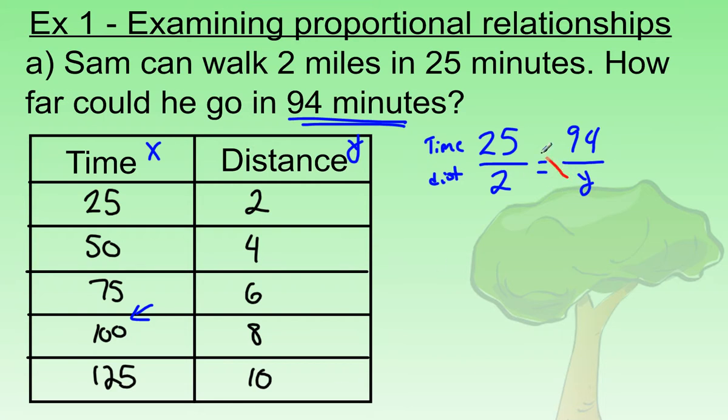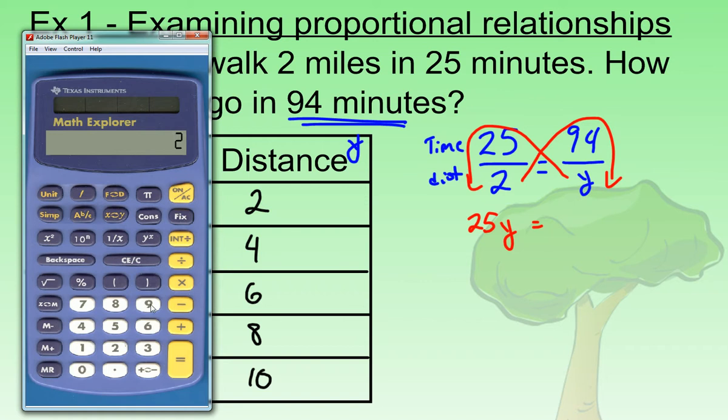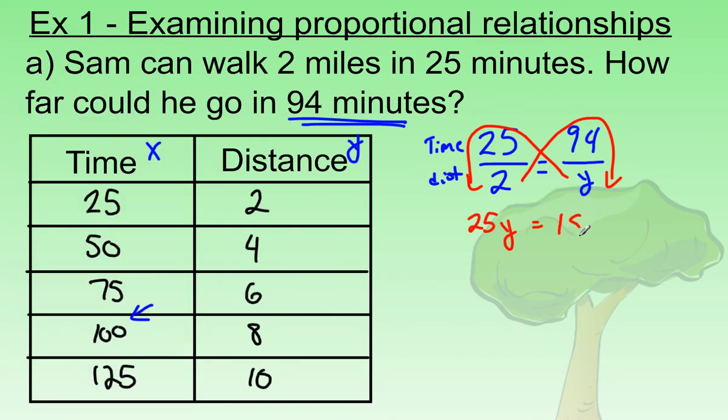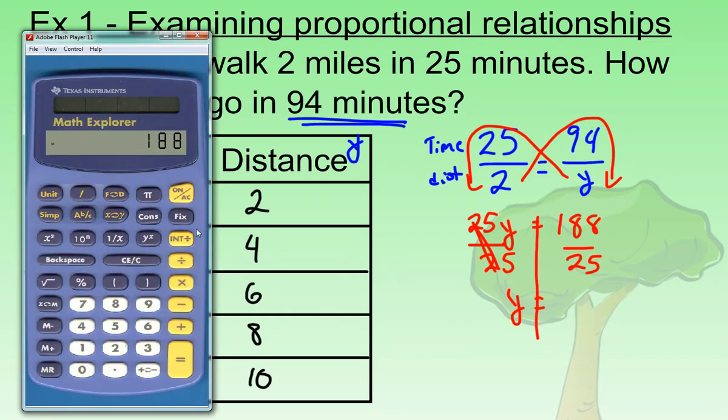So we cross multiply. This gives me 25y, and 2 times 94, some big number, 2 times 94 equals 188. Divide both sides by 25, cancels, y equals, it's going to be some number that doesn't work out evenly.